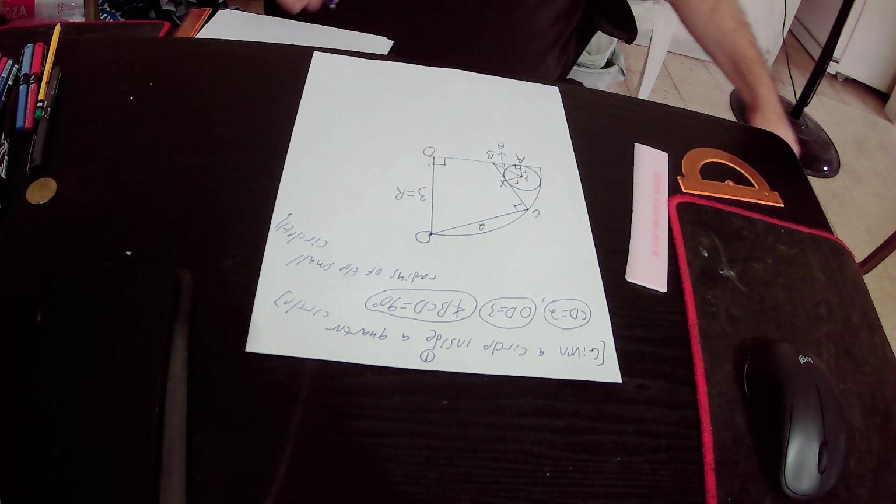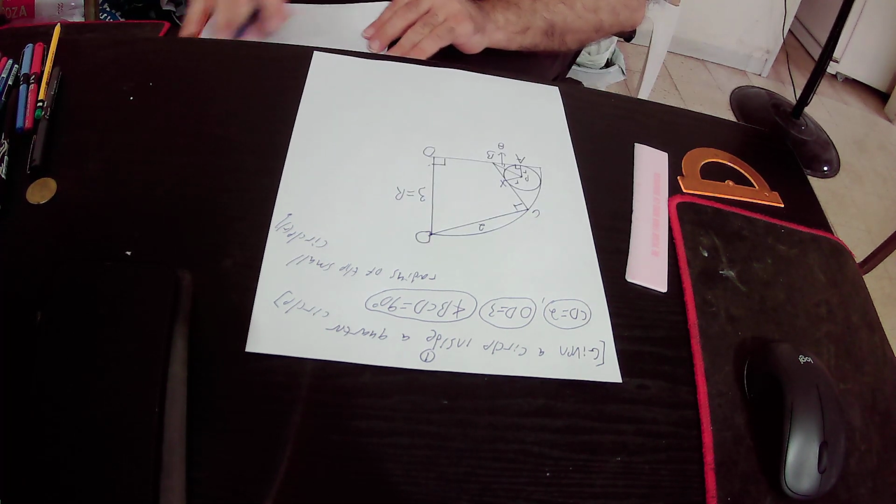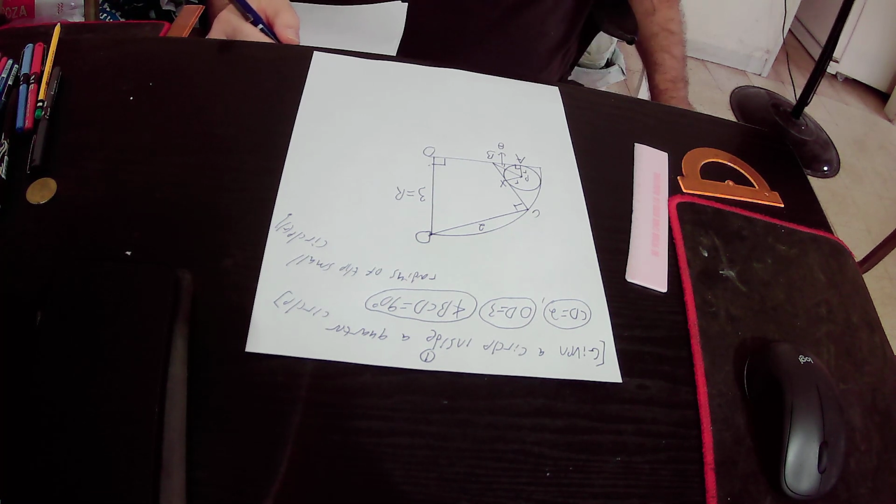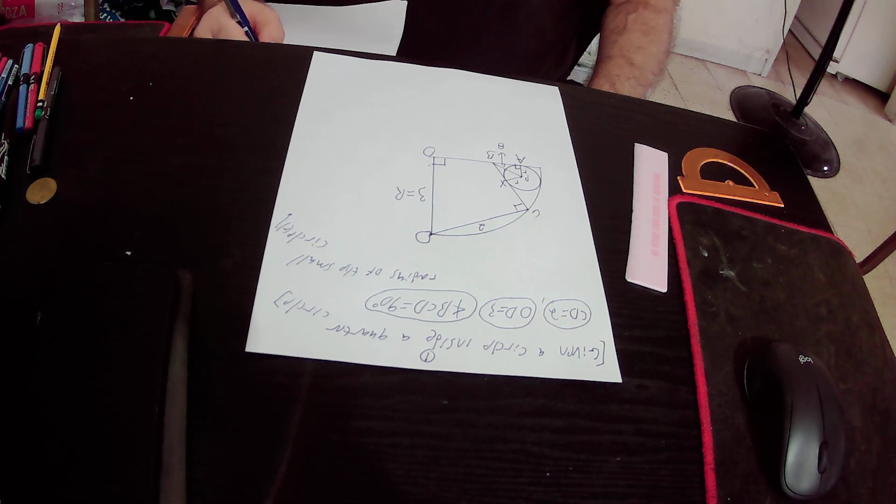Therefore, triangle APB is congruent to triangle PBX according to the side rule.